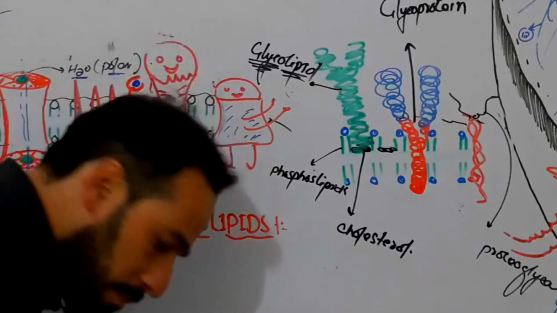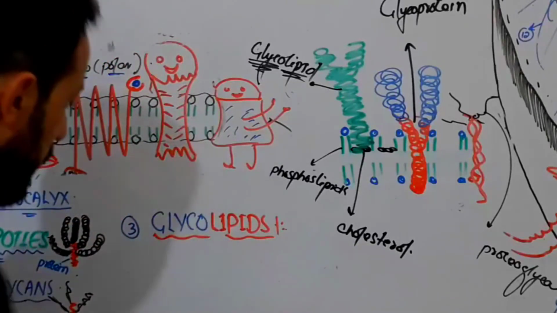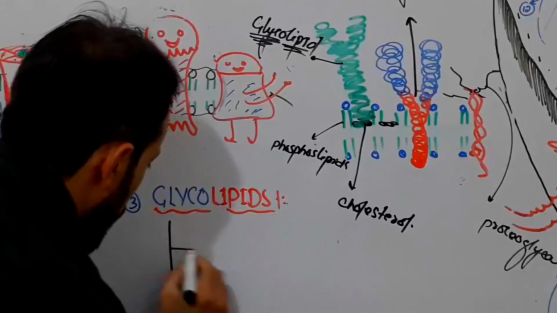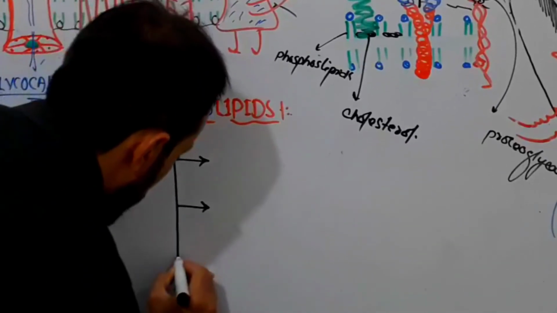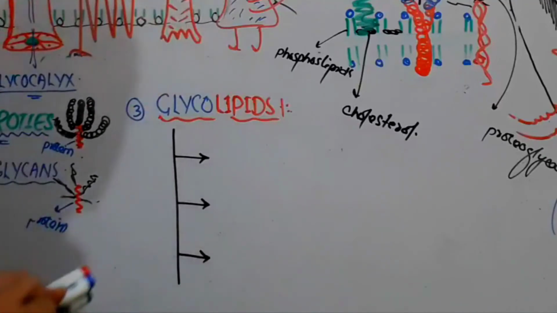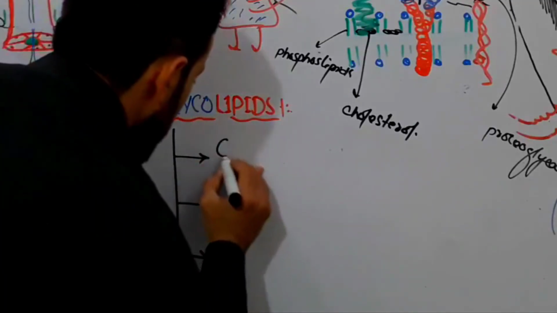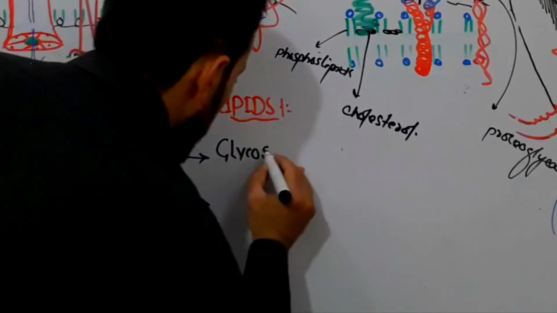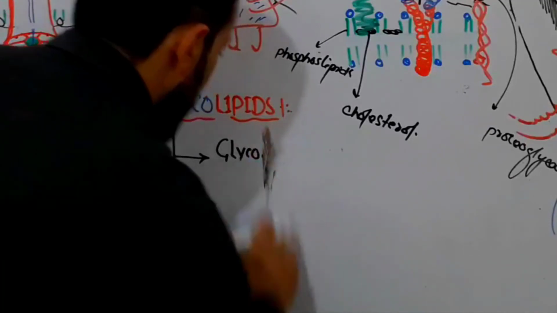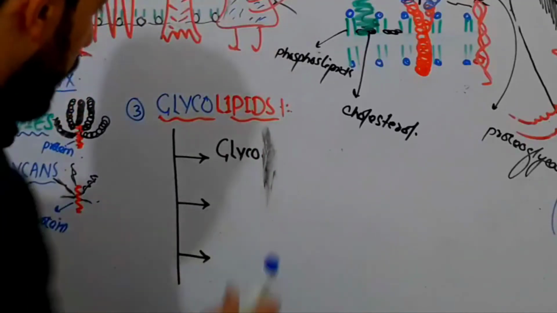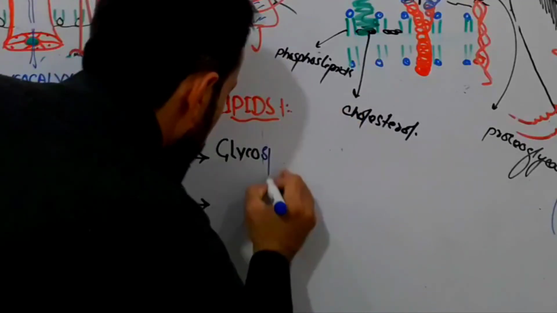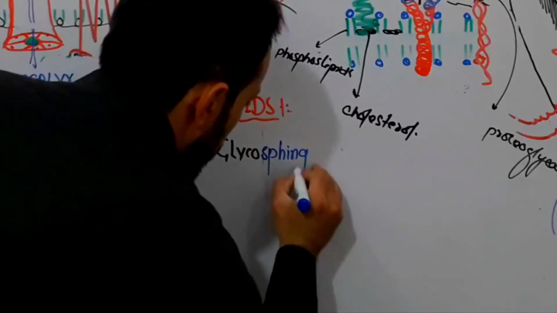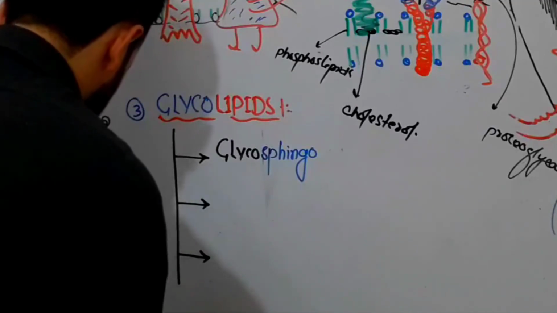The glycolipids are found in three subforms. The first one we call the glycosphingolipids. Glyco, sphingo, let me write it with a different color so that we will differentiate them, and then lipid.